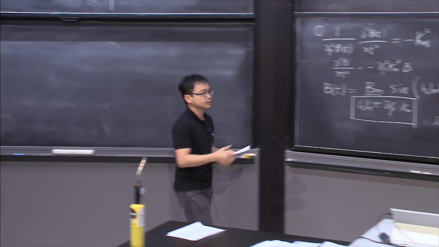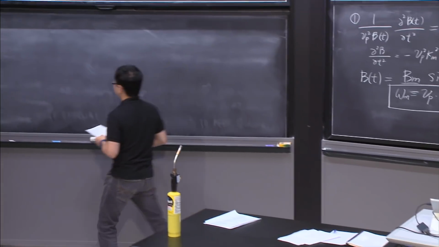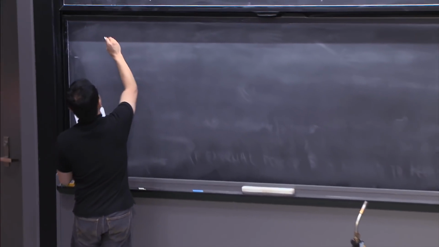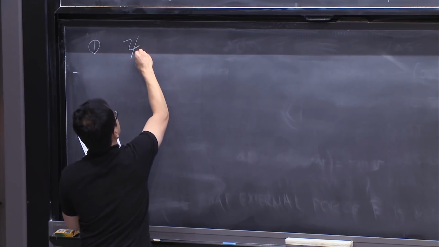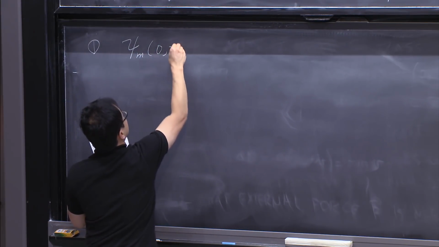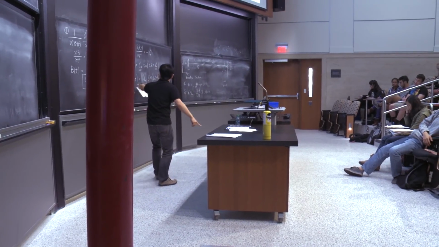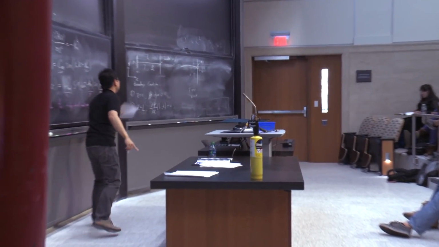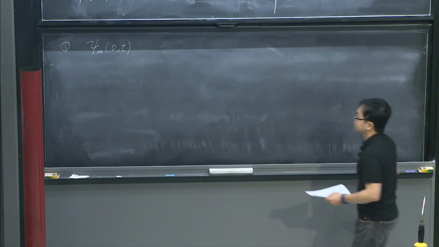Let's use the first condition on the right-hand side board. From condition 1, you can get psi n at 0, t. I am plugging this solution into boundary condition number 1.